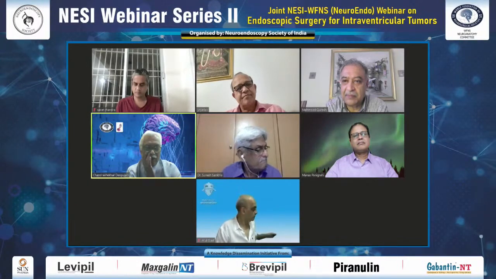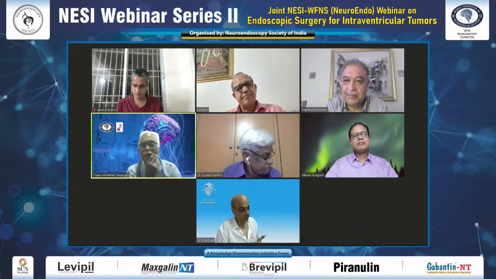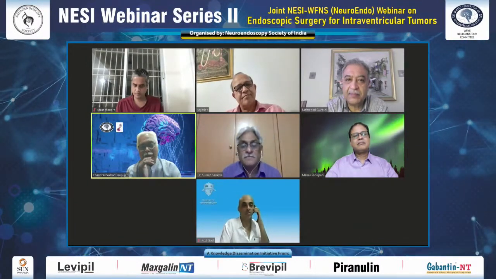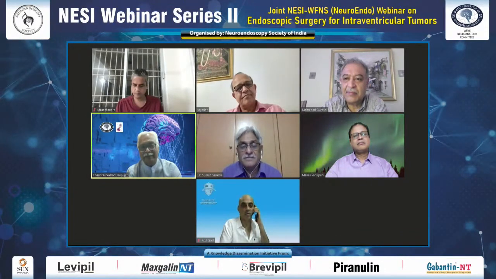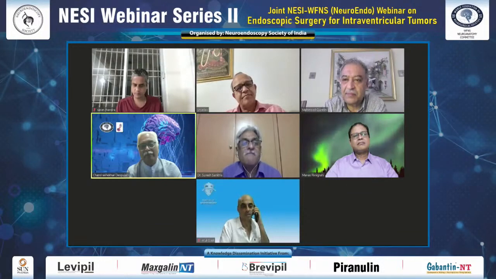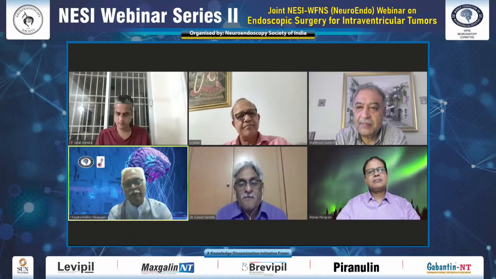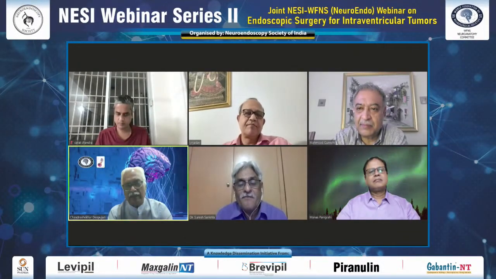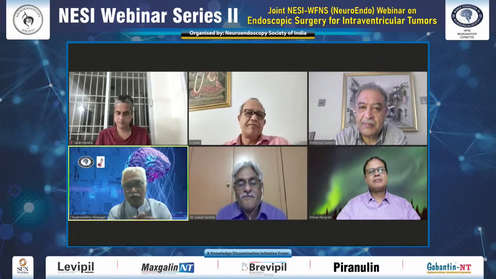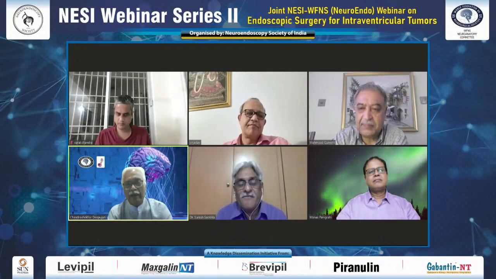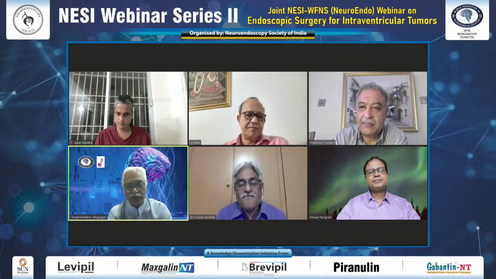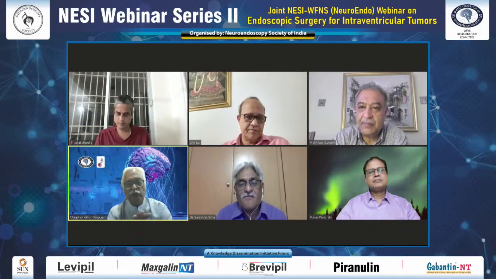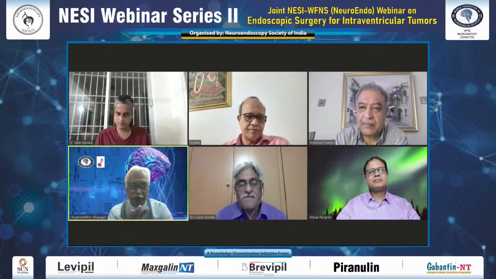Later on, what I have found is that probably it is not necessary once you have got a track made. It is really necessary, as Sarath was pointing out, for endoscope assisted surgery. And if you know that you are going to do endoscope assisted surgery, you can probably use it right from the beginning.